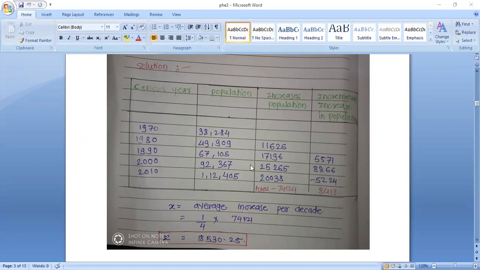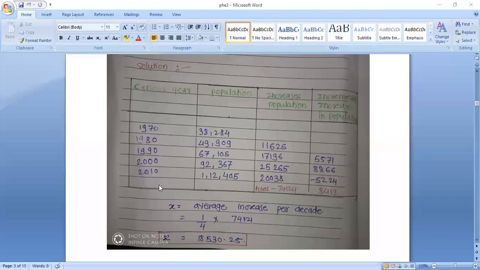Now increase in population means the population of 2000 is 92,367, and the population in 2010 is 1,12,405. Hence, some amount of population has increased in 2010 compared to 2000. It is an increase in population.